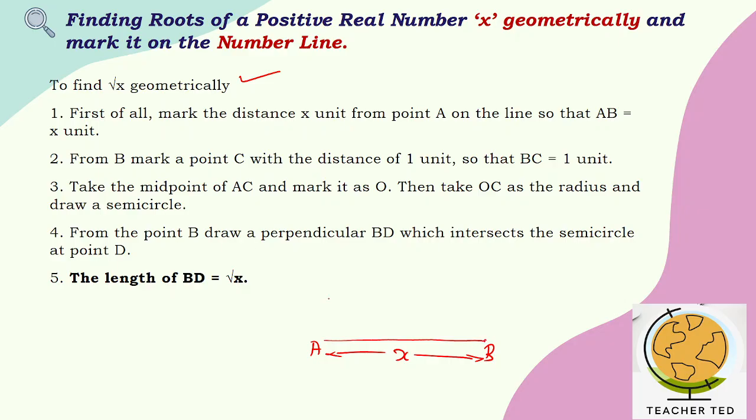Then from B to C, mark a distance of 1 unit, that is BC is equal to 1 unit. Mark C here. So this is x units and this is 1 unit. Take AC and measure this distance.